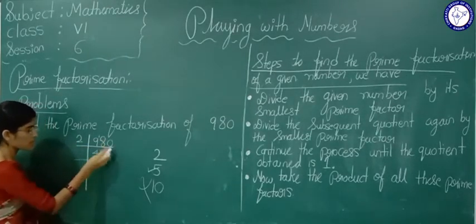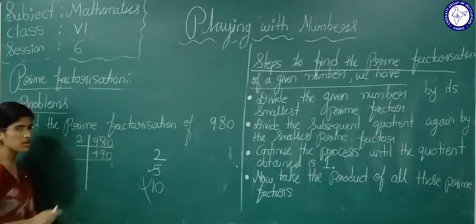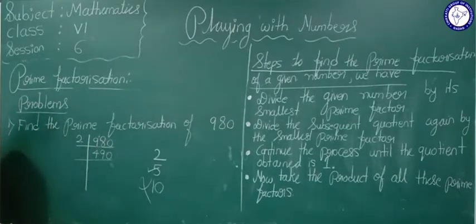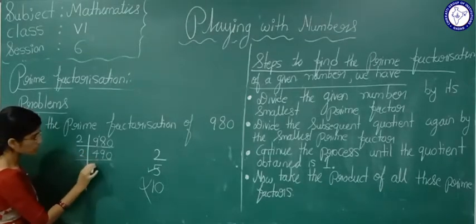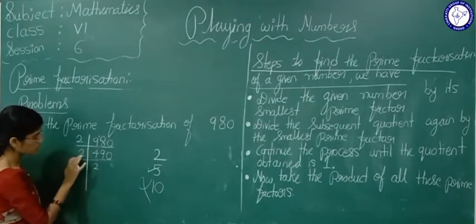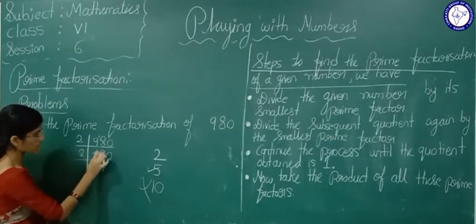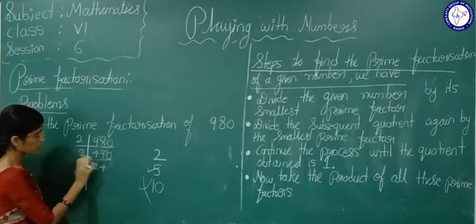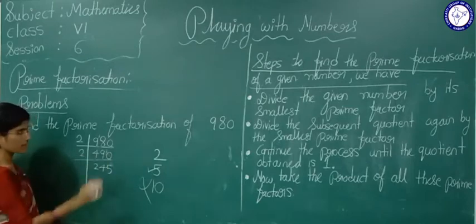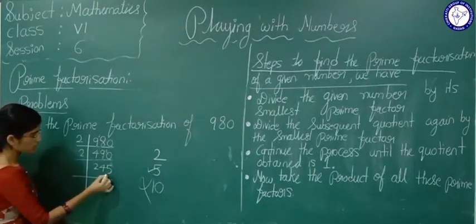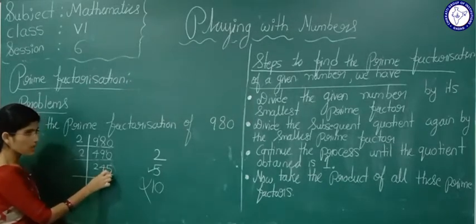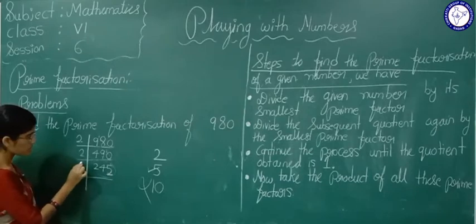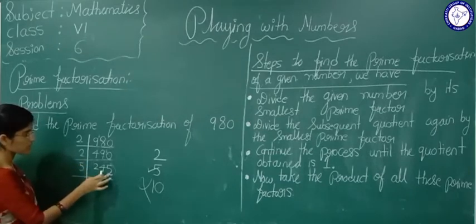Now again this number is divisible by 2, because in the units place 0 is there. Now see here, 2 2s are 4. 2 4s are 8. 1 remains here, it will become 10. 2 5s are 10. Now in this number the units digit is 5, means definitely this number is divisible by 5, not by 2.